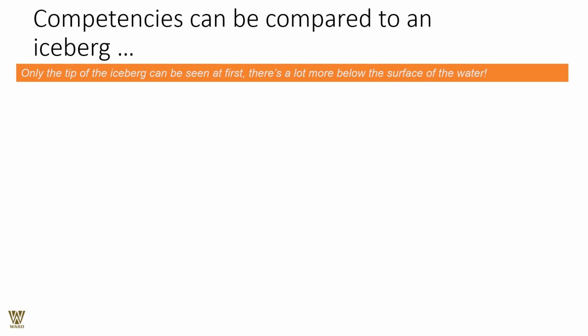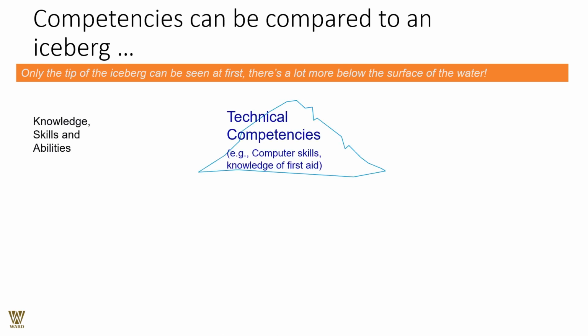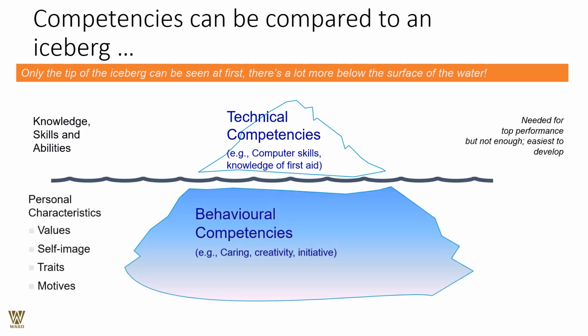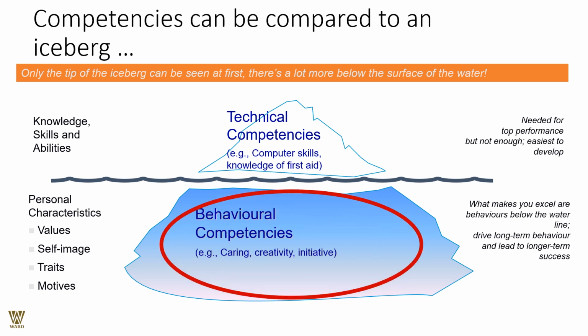The competencies can be compared to an iceberg, where only the tip can be seen, and that is nothing but technical competencies, and below, believe me, below the iceberg are the behavioral competencies. We are talking about being caring, creativity, intuitive, your emotional intelligence, how well you are going about it, what are the behavioral competencies that need to go around, and that is the focus.